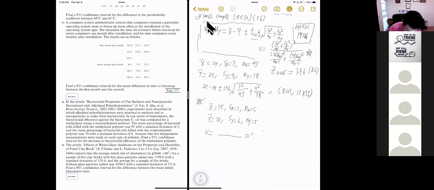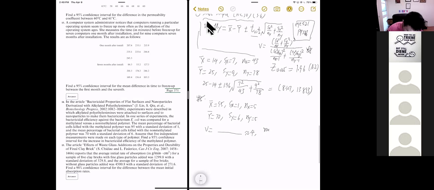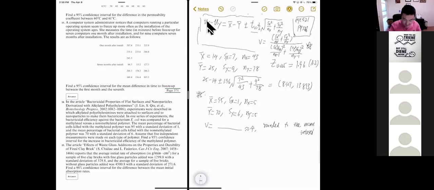It is rounded to 4. Remember that's rounded to the nearest integer. So 4 is the degrees of freedom.